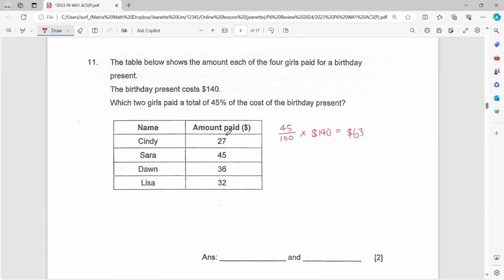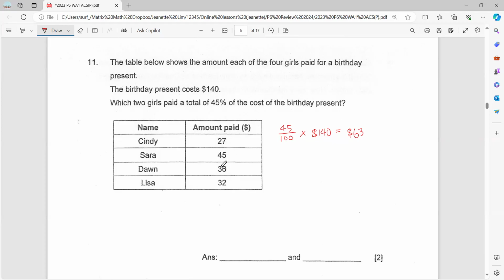So you have to trial and error for a bit, or one tip is you can look for the numbers that give you 3 in the ones place. For example, 7 and 5 will give you 12, so there's a 2 in the ones place, so no. Look at all these numbers, which 2 numbers combine to give you 3 in the ones place. So 6 here, 7 here.